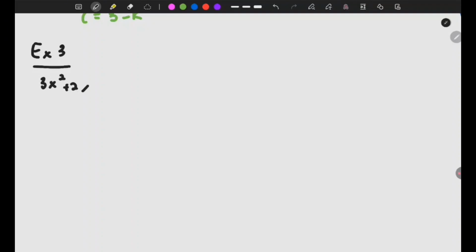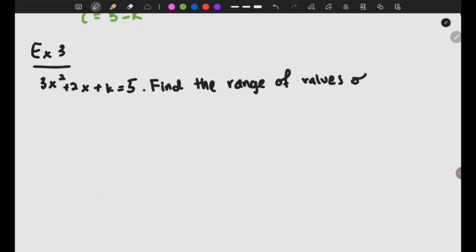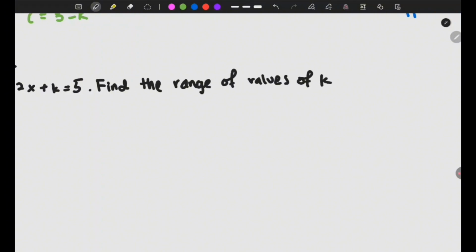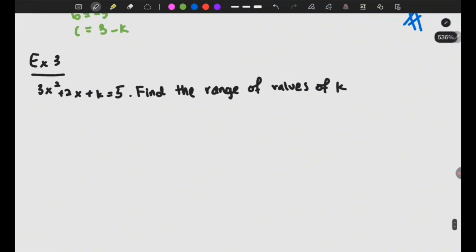And I say find the range of values of k for the quadratic equation that has two real and different roots.